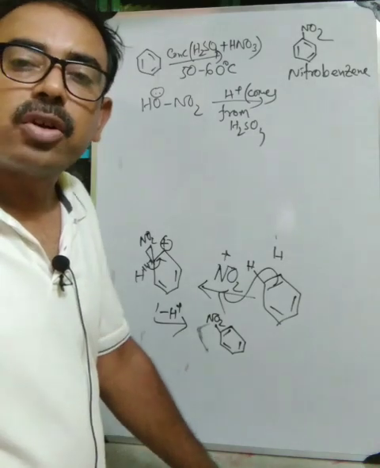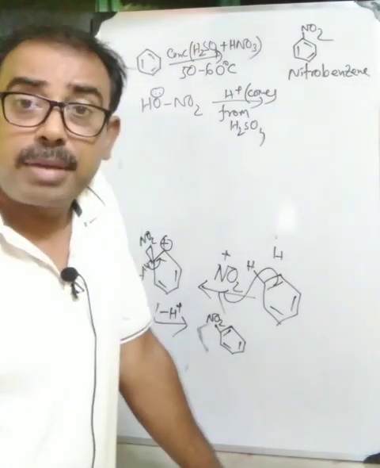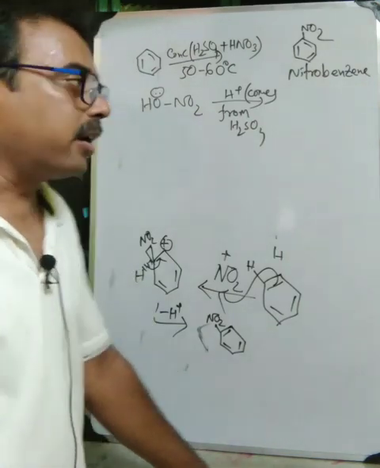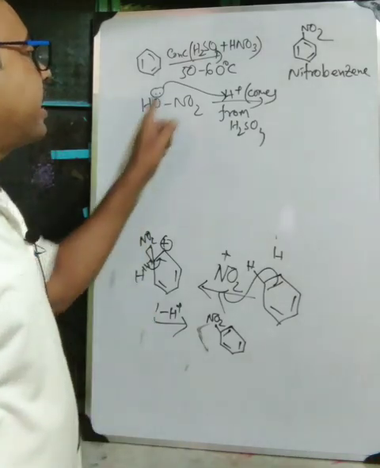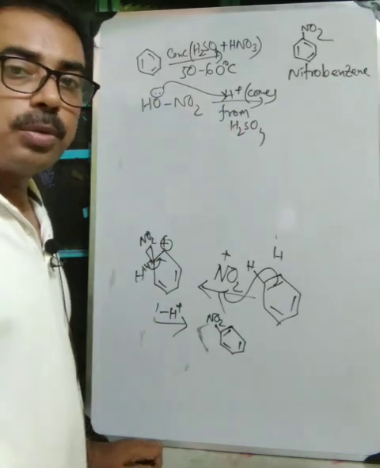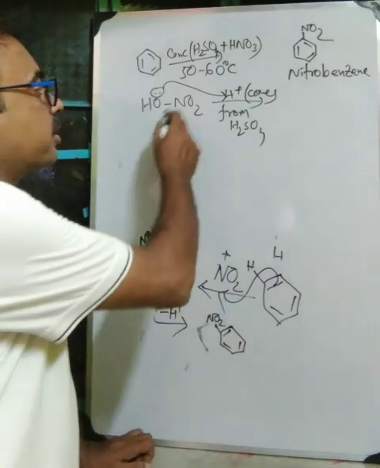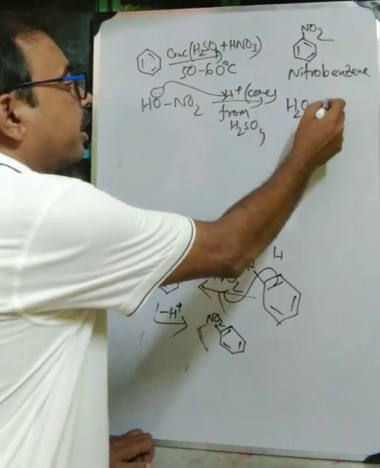Oxygen has a lone pair of electrons and H plus has a vacant valence orbital, so oxygen can make a coordinate bond with H plus ion. So here oxygen attacks H plus ion by its lone pair of electrons, and a coordinate bond is formed between this oxygen and this H plus, making H2O, then bond NO2.